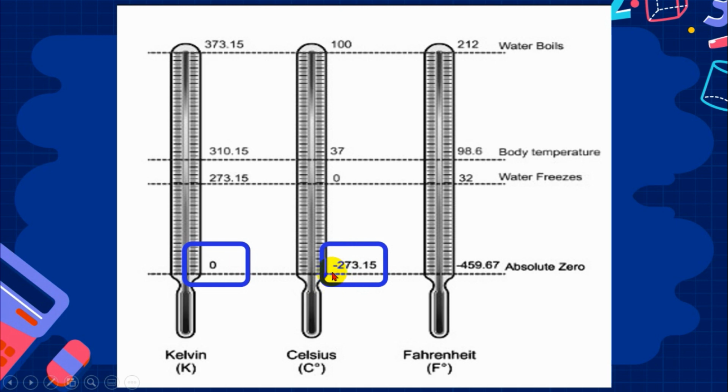If you are familiar with Snow World sa Star City, you see it's already a negative degrees Celsius. So, yun, malamig na talaga, as in you'll freeze in cold. And then we have negative 459.67 degrees in Fahrenheit.